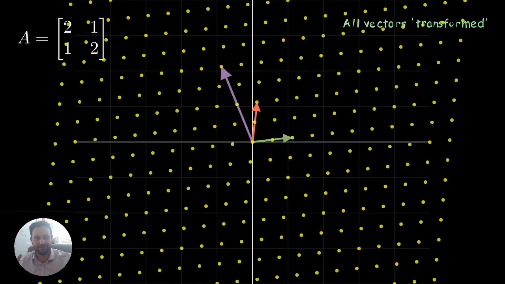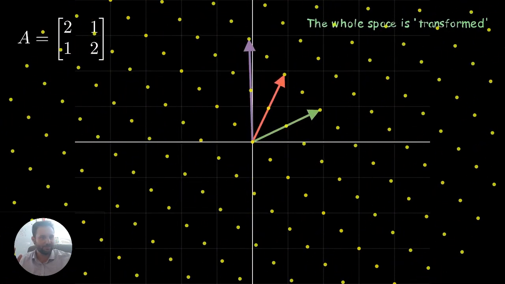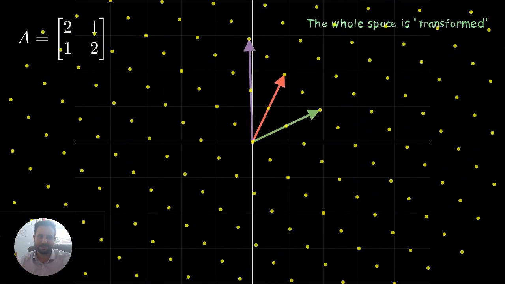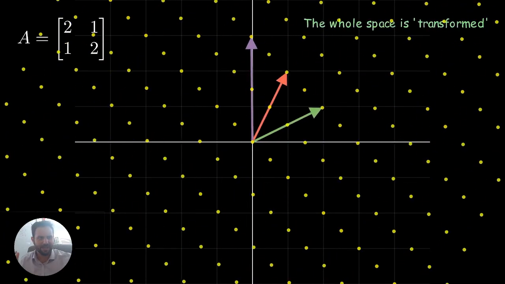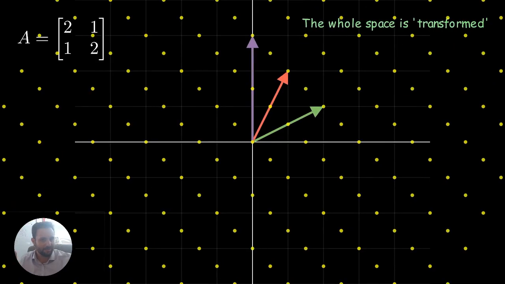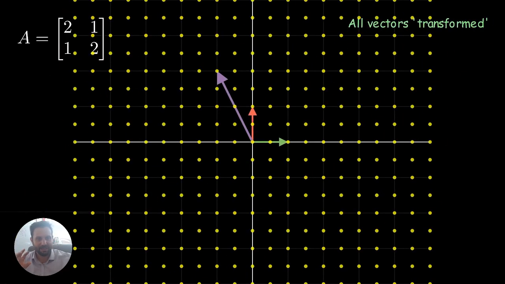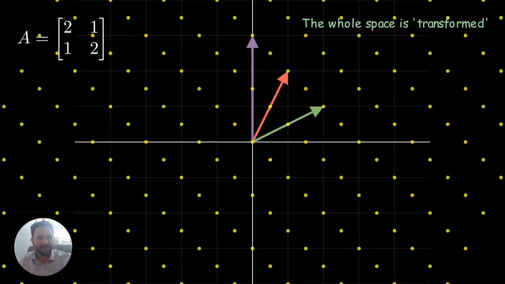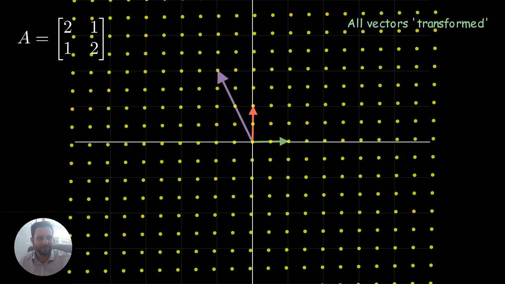They will be transformed. And if you just focus your eyes on the vectors, which we covered a second ago, one by one, you see that they all go to their new locations. And when you look at the whole space, and all of the data points go to their own new locations, you see that not only the data points, but actually the space is transformed.